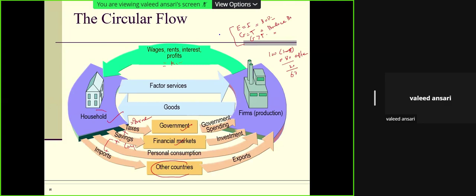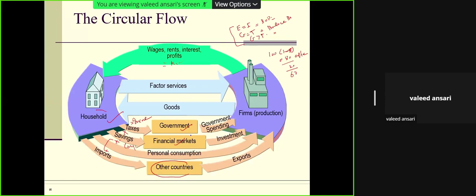For instance, if the household is not spending much money on goods and services, inventories of the businesses will pile up, because households think they may go out of job, so they may not spend money. Similarly, in a situation where demand is less, the government has to spend a lot of money to revive it. Moreover, the financial market is where the saving of the household is channeled and made available for investment purposes.